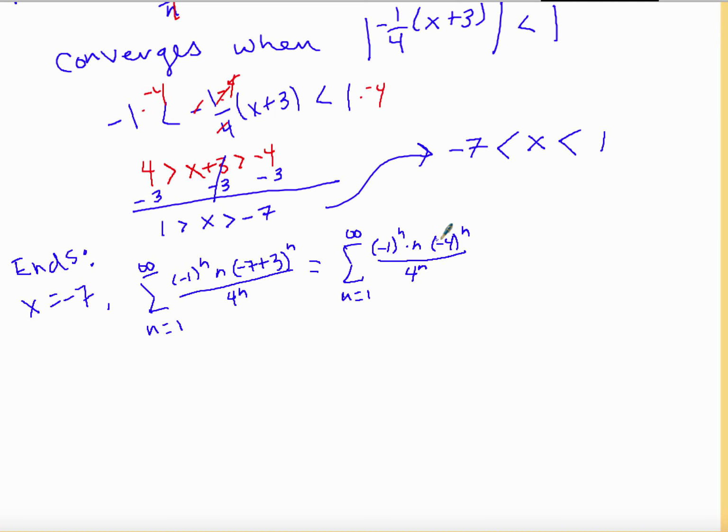These both have the same exponent, so I can combine them together. Negative 1 times negative 4 is positive 4, so it's going to be positive 4 to the n. I'm going to have a positive 4 to the n on top and a positive 4 to the n on the bottom. This is going to simplify neatly, so I have the sum from 1 to infinity of n.